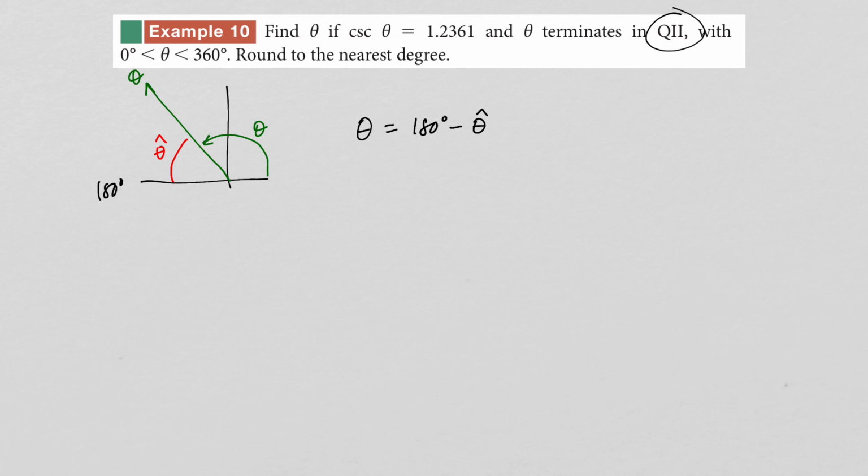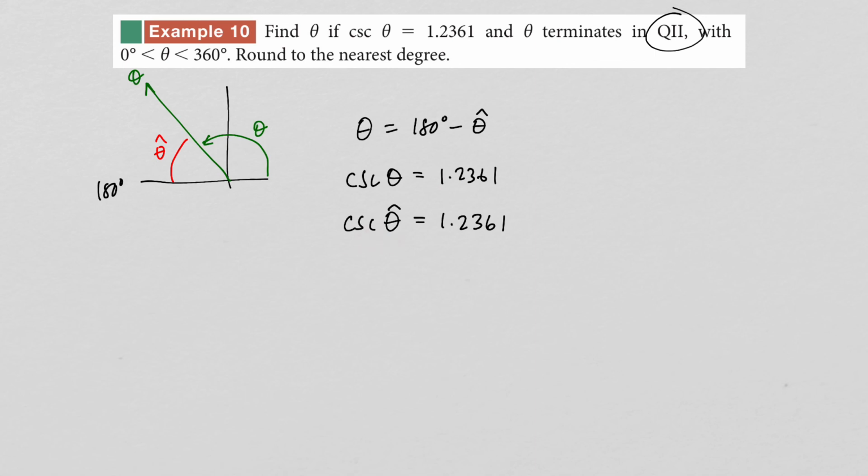So what's the reference angle? Well, cosecant of theta is 1.2361. So that means cosecant of theta hat is also 1.2361, right? So this time there's no change between the two because the value was positive to begin with.